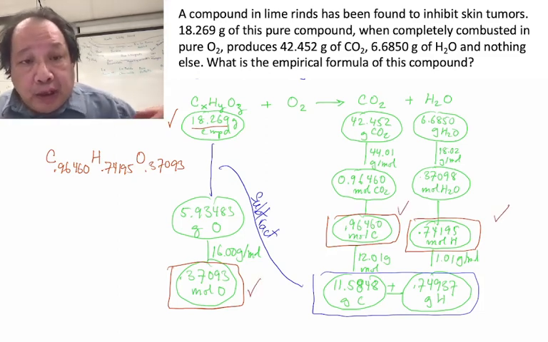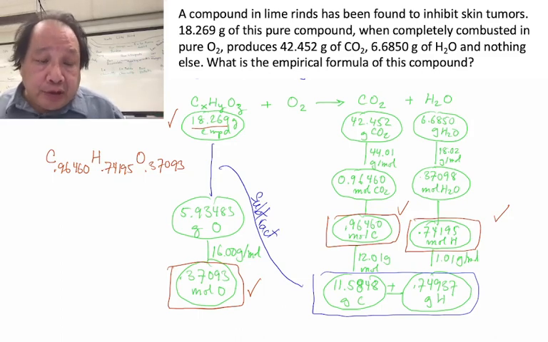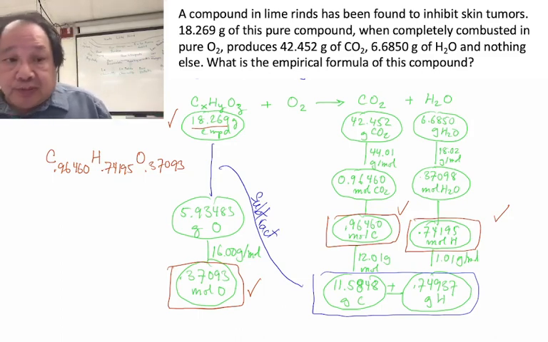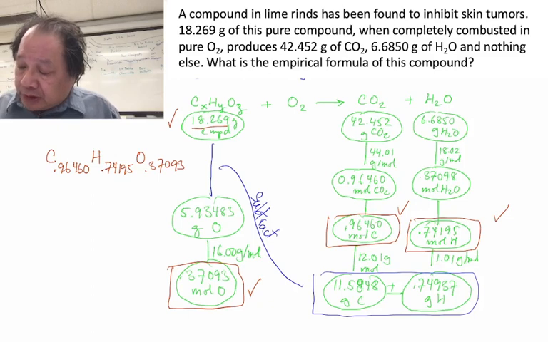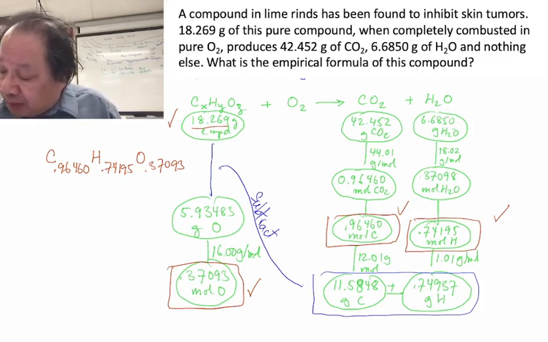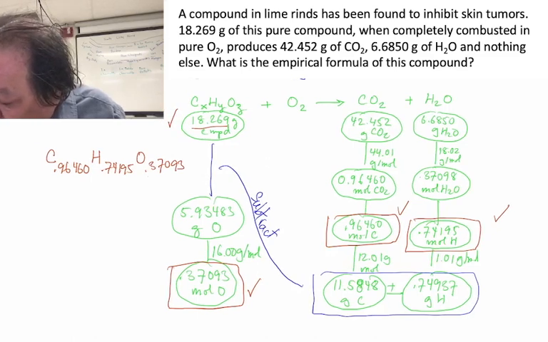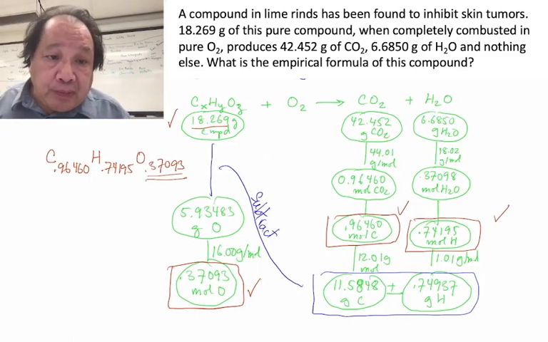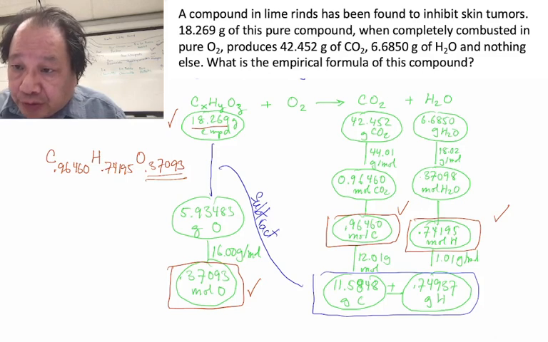Now, empirical formulas are in integers, so we need to convert these decimals to integers. And so what we're going to do is divide each of these 3 numbers by the smallest of the 3 decimals, which is the oxygen number, 0.37093.